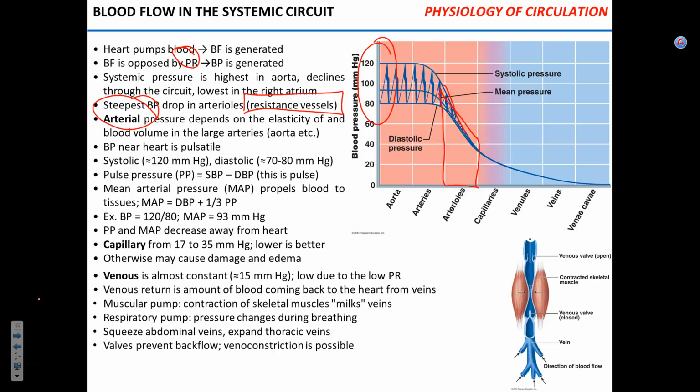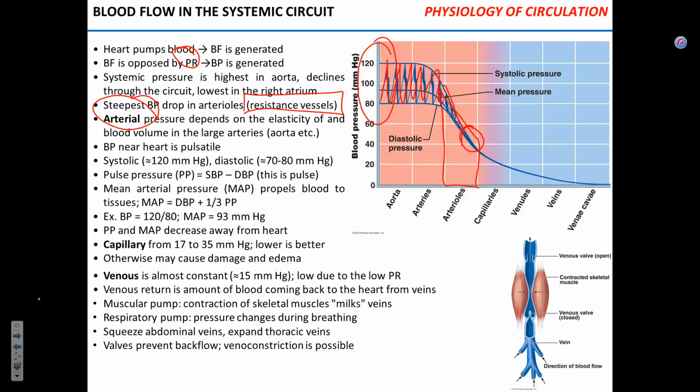Okay? So essentially, blood pressure is not constant, so it goes up and down. Okay? And then in the arterioles, closer to the terminal arterioles, closer to the capillaries, it's not pulsatile anymore. All these pulsations are buffered.